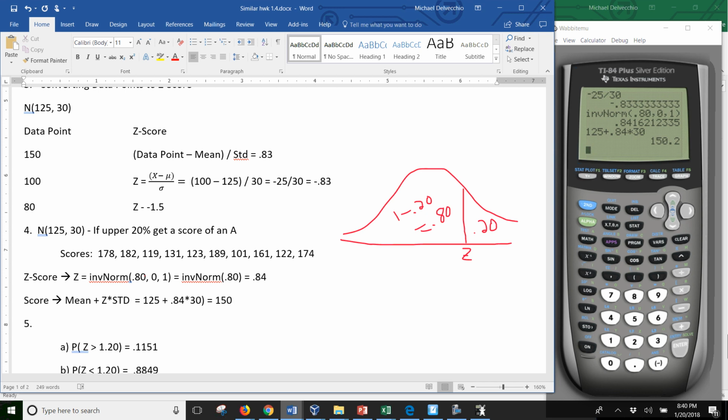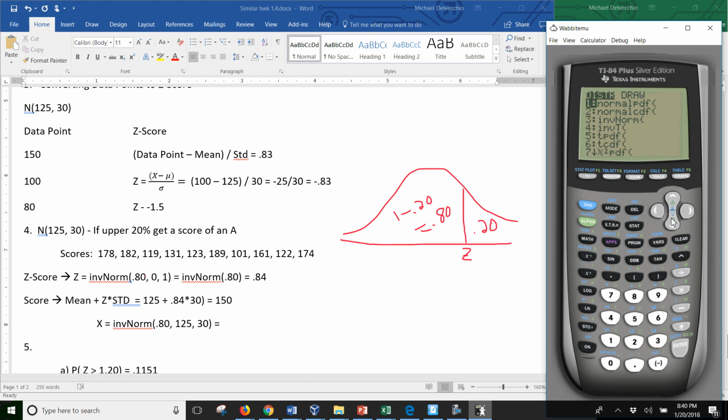Now I'm claiming that this is also equal to the inverse norm of 0.80, but now if you put in your mean and standard deviation, you should get the same answer. Let's go to our calculator.